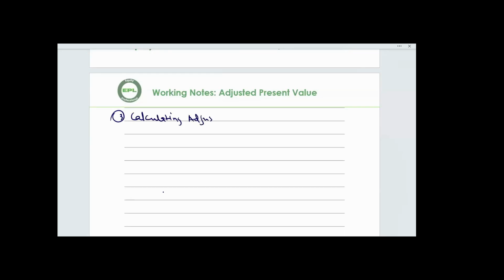Finally, step 3 of our APV is to calculate the adjusted present value. Our figures are in thousands. We have calculated the base case NPV to be 1060.